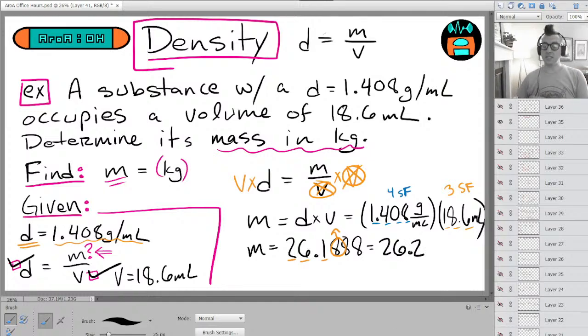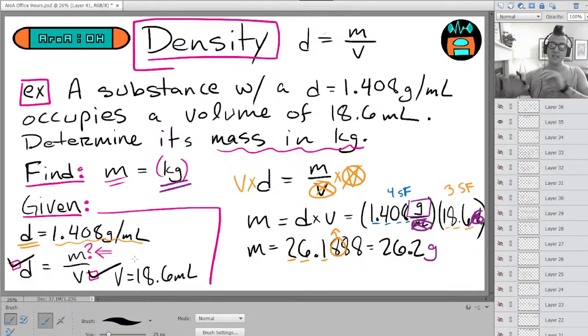All right, now let's look at our units. You'll notice milliliters cancel with milliliters, leaving us with grams. So our mass is 26.2 grams, but that is not what we were asked to find the mass in. So we're not quite done.